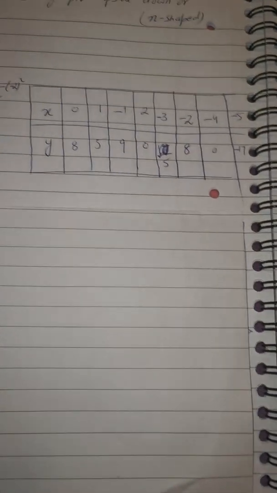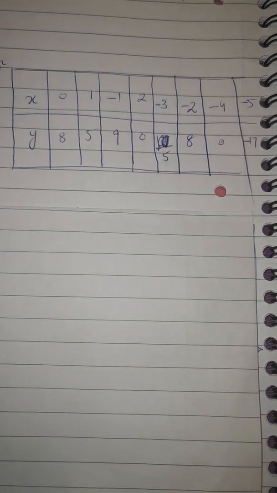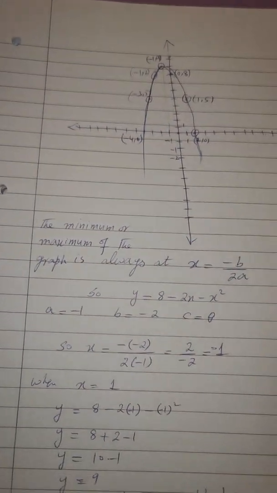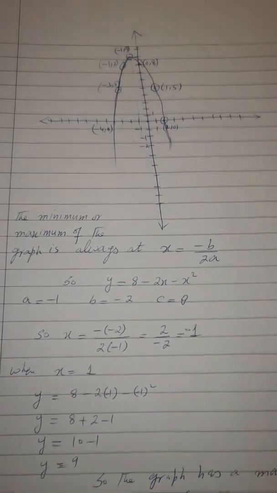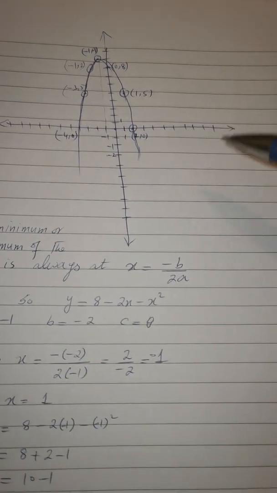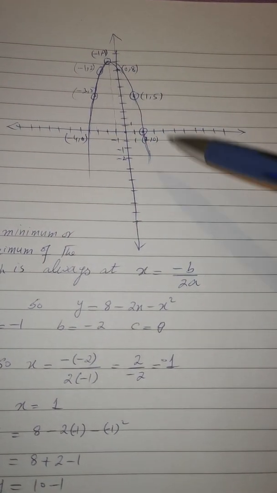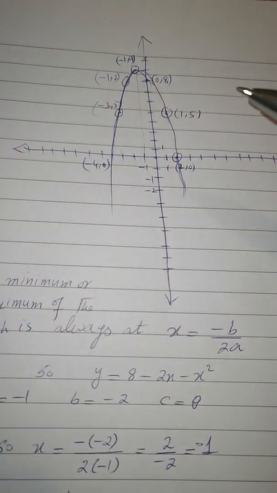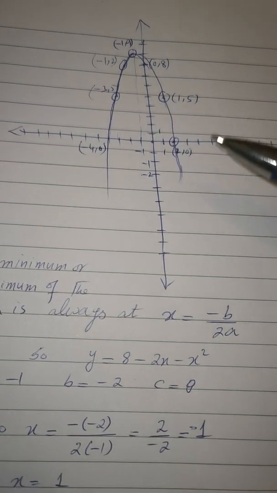Now using these points, you can plot the graph on a Cartesian plane, which I have made by myself. I have made two axes, x-axis and y-axis, and the first point I have taken is (0, 8).